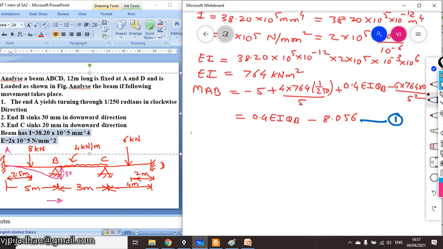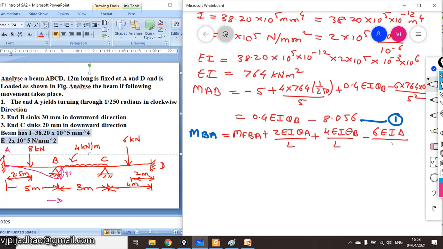Now write down the second slope deflection equation for MBA. So MBA will be equal to, similarly, we have to write down the MFBA plus twice EI theta A divided by L plus 4 EI theta B divided by L minus 6 EI delta upon L square.